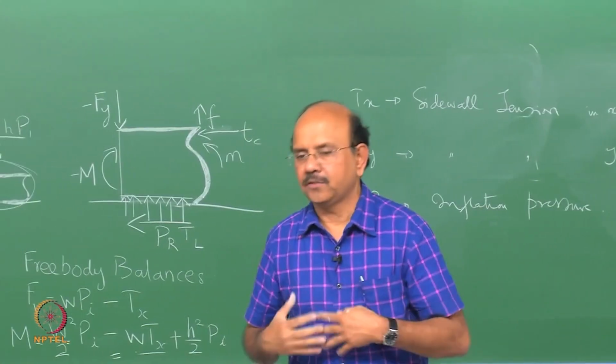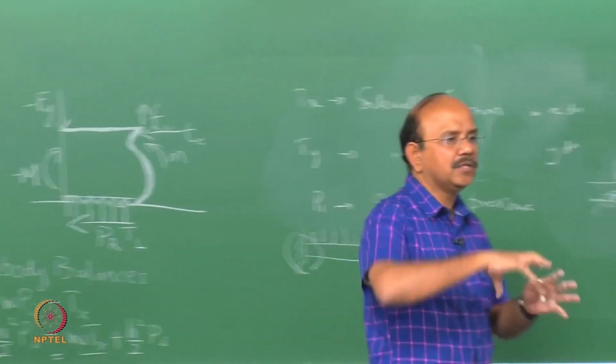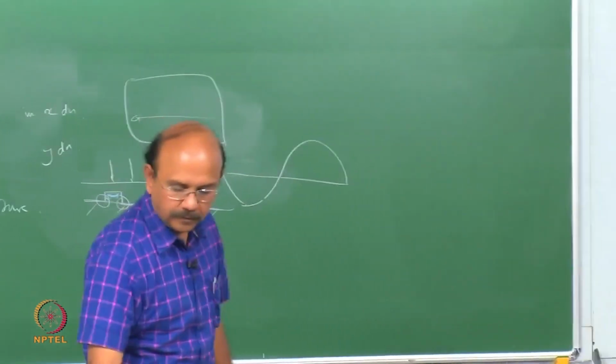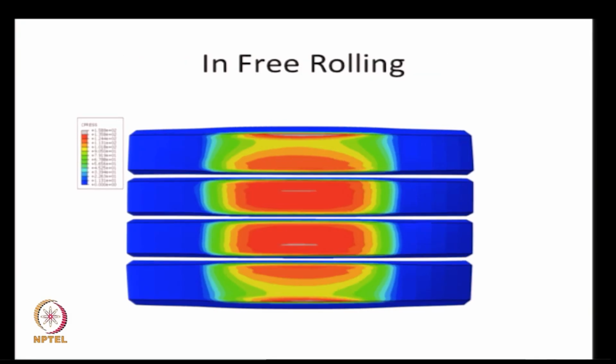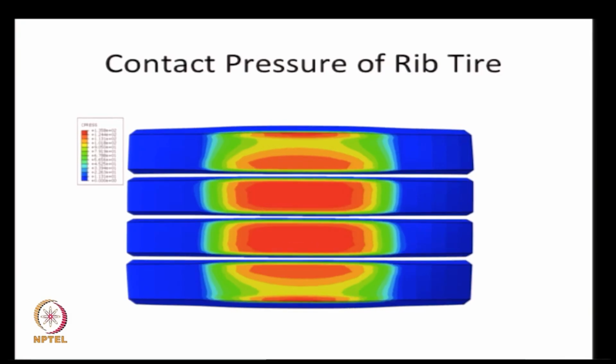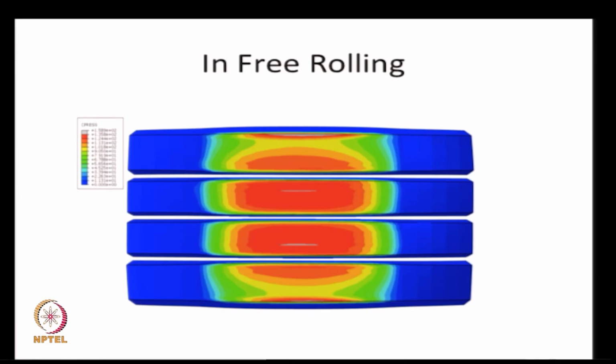As a system, it would like to go to a minimum strain energy, and so there's a twist. You can very well see that here. Look at that. It twists in such a fashion that it becomes slightly more uniform.